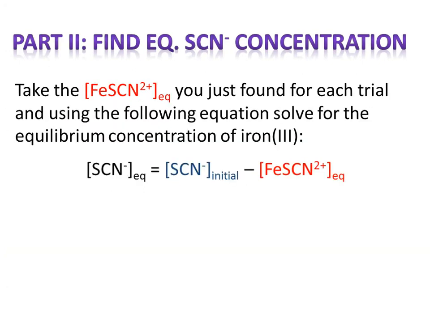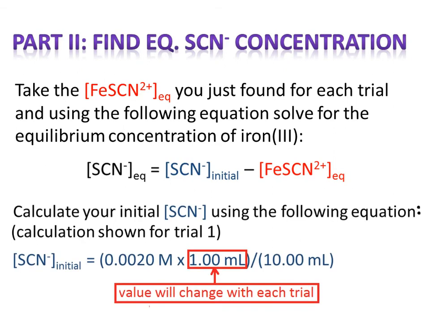We also need to find the equilibrium thiocyanate concentration. Now, since we've already calculated our value in red for each trial, our equilibrium concentration for the iron thiocyanate, we have values to plug in for each trial, but we also need initial concentrations for thiocyanate, which are shown in blue. So we're going to calculate this again by using a dilution equation. Our initial thiocyanate concentration is going to equal the concentration of our stock solution, which is 0.0020 molar.